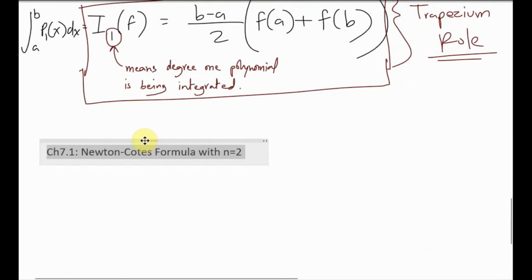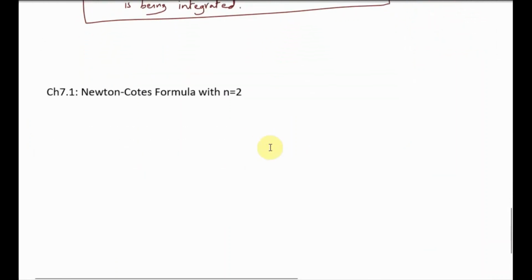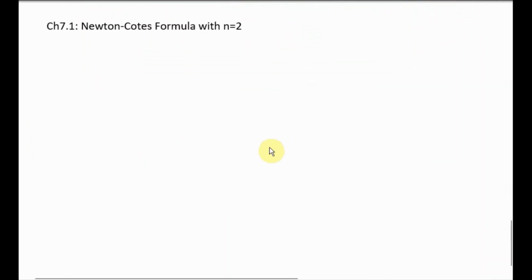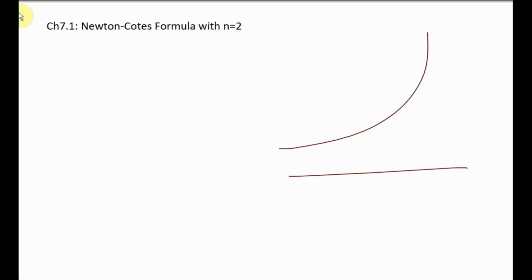What does the Newton-Cotes formula with n equals 2 imply? What this implies is, let's take the same curve as before, something like this, and we want to find the integral over a and b. So n equals 2.